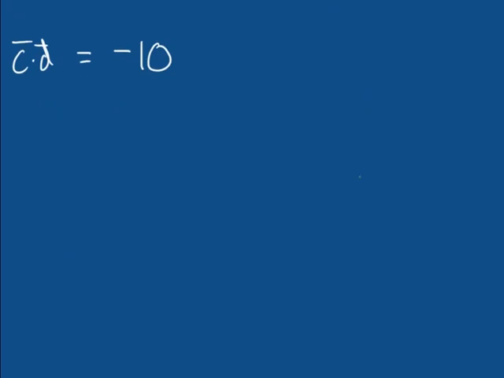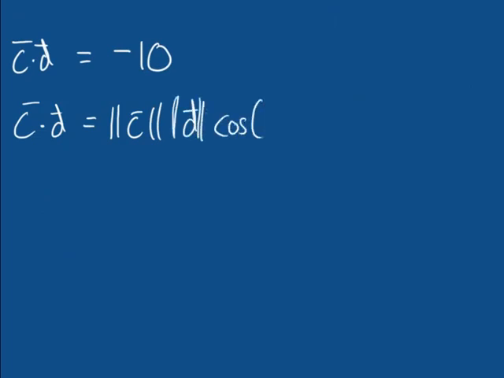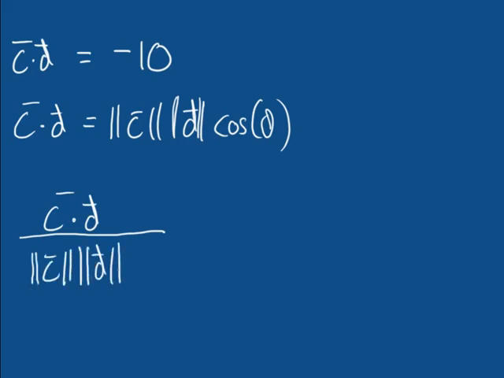But from our other definition of the dot product, we also know that c dot d is equal to the length of c multiplied by the length of d multiplied by the cosine of the angle between them. So we can rearrange this to find that angle theta. If we divide both sides by the length of c times the length of d, we get that c dotted with d divided by the magnitude of c times the magnitude of d is equal to the cosine of the angle between c and d.